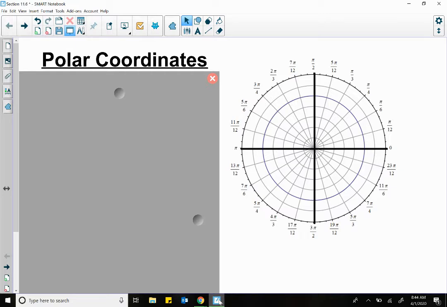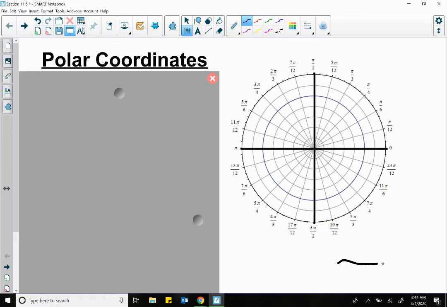This is what a polar graph, a polar coordinate system, looks like. It's all circles, and along this line right here, this represents the radius. And then out here, you'll be turning the amount of the angle that you need to turn. It's just like when you were creating angles in standard position.